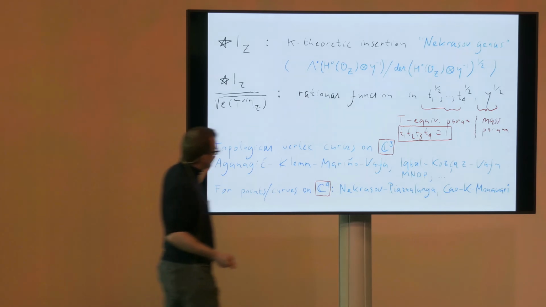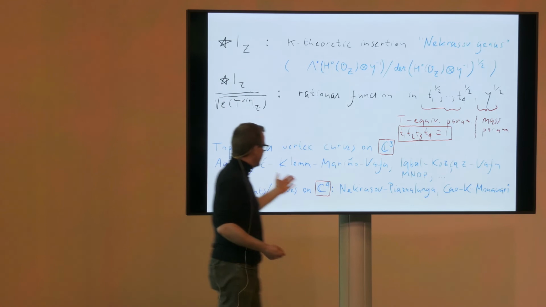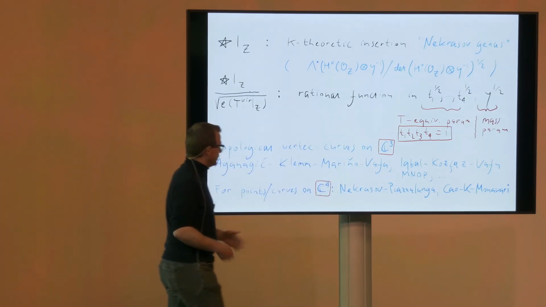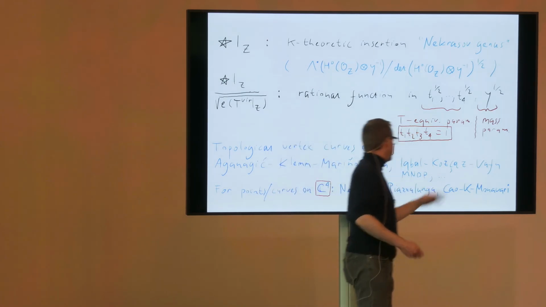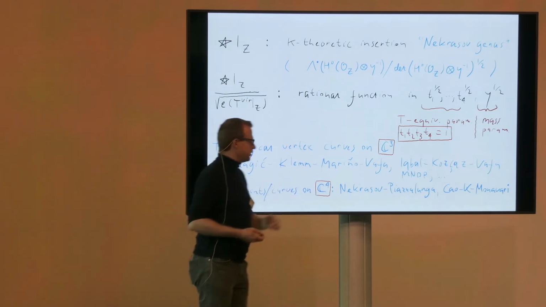So the topological vertex for curves on C3 comes from physics, Aganagic, Klemm, Mariño, Vafa. Actually, this is closer to the refined topological vertex in Iqbal, Kozçaz, Vafa. And in mathematics, there's Maulik, Nekrasov, Okounkov, Pandharipande, and a whole bunch of other references.